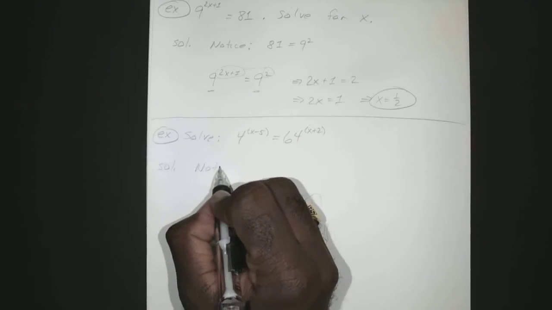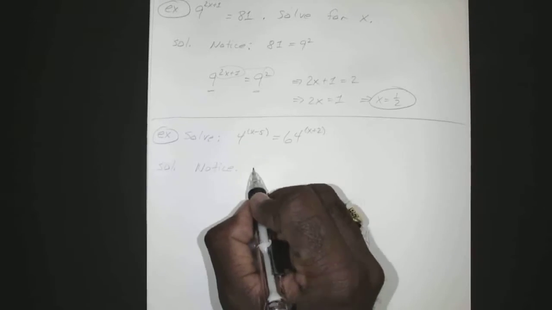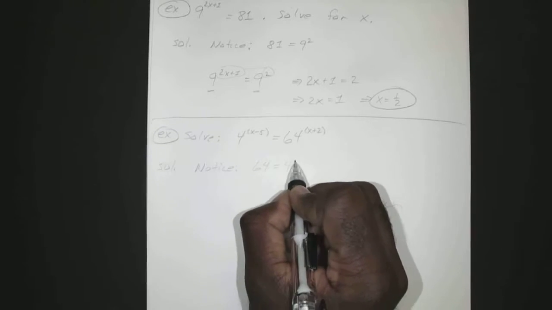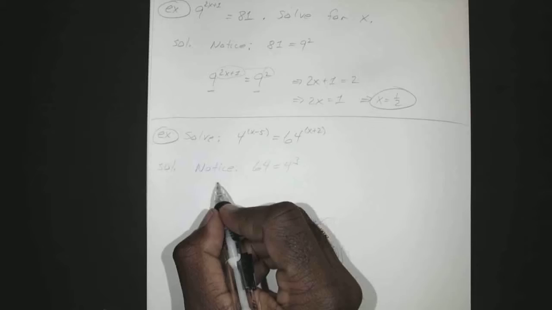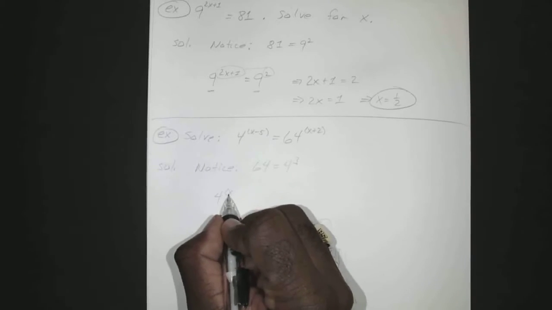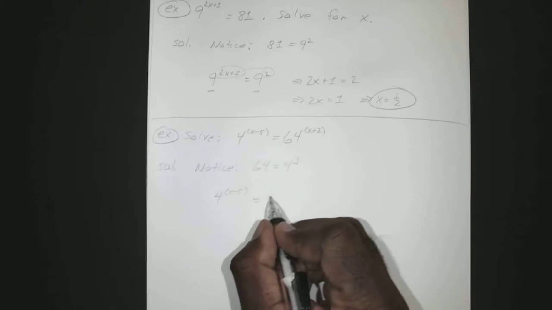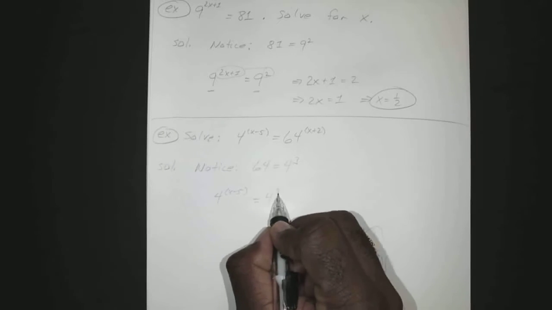Okay, so you notice that 64 is equal to 4 to the 3rd power. So we go ahead and just rewrite it. So 4 to the x minus 5 equals 4 to the 3rd power to the x plus 2.